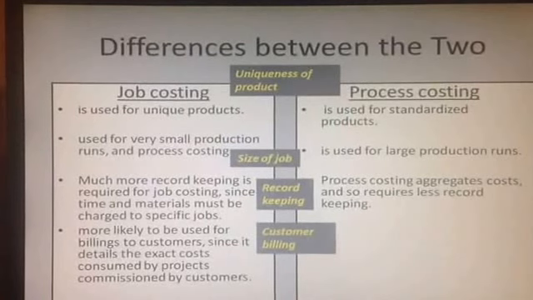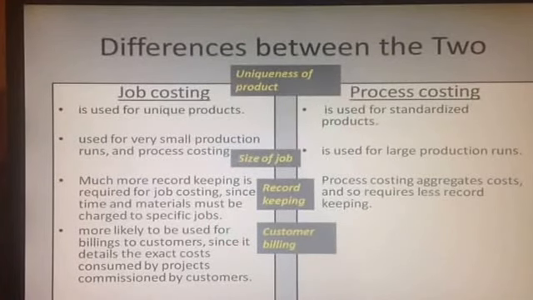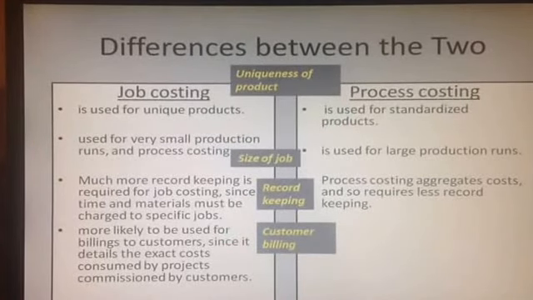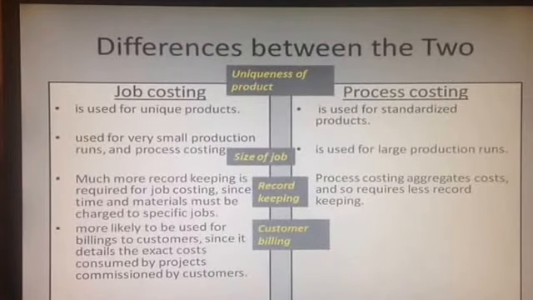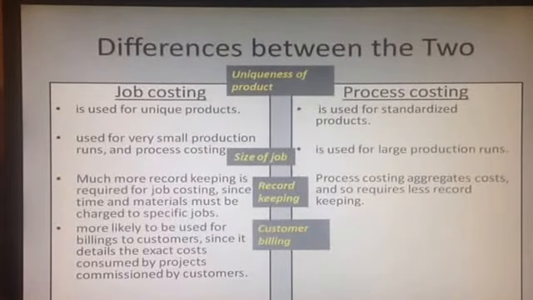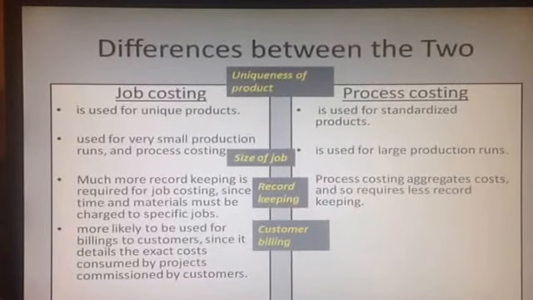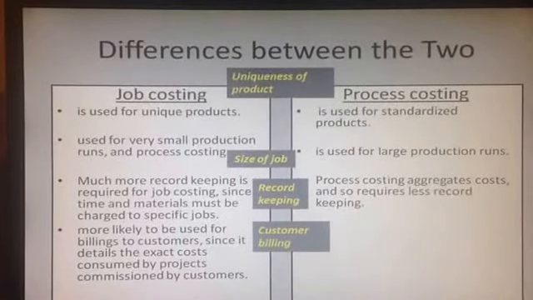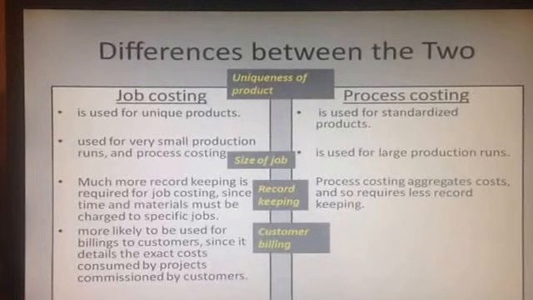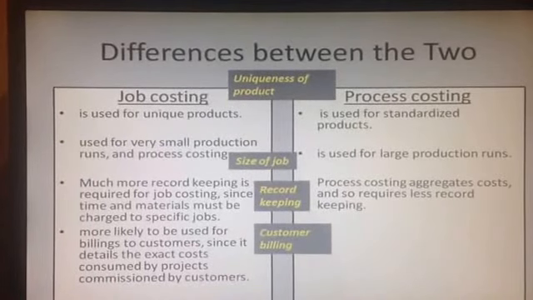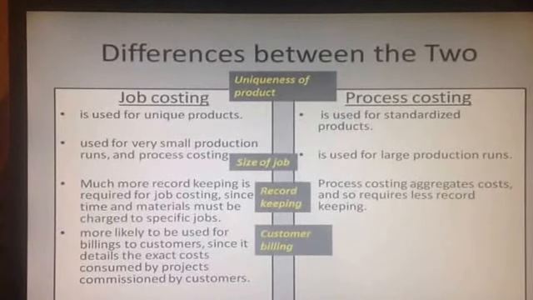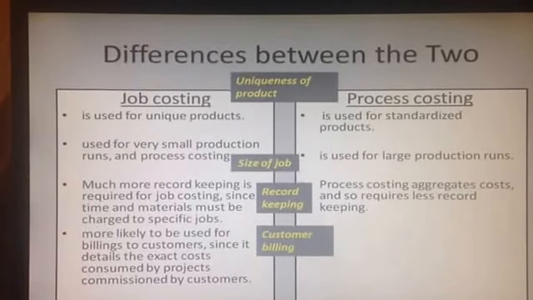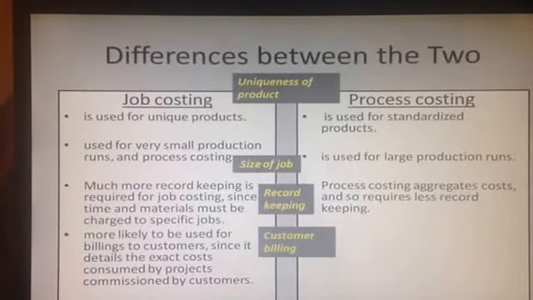Now that we know what each one of these are, we've got to figure out what the difference is between the two. First is uniqueness of product. Job costing is used for unique products, and process costing is used for standardized products. Next is size of job. Job costing is usually for small production runs, and process costing is used for large production runs. Next is record keeping.